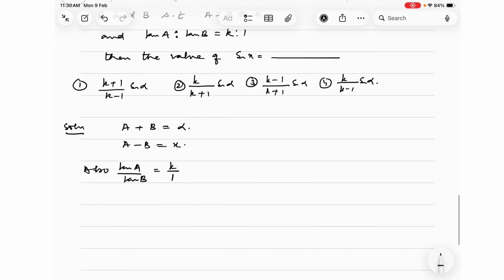Now earlier we wrote one result, componendo and dividendo.